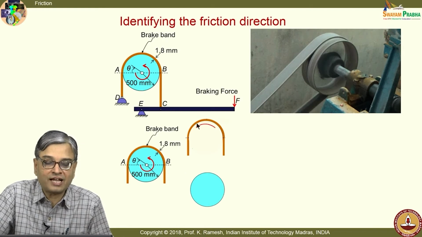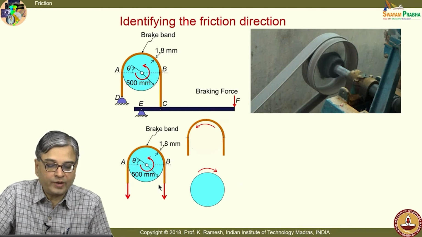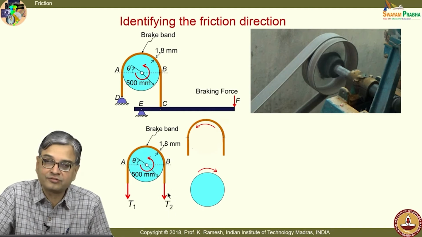So, it is acting in this direction, and naturally by Newton's third law, I will have on the drum the action opposite to that. And how do I label which is T1 and T2? I have already said T2 and friction should be opposite to each other. So, I will label this as T2 and this as T1.